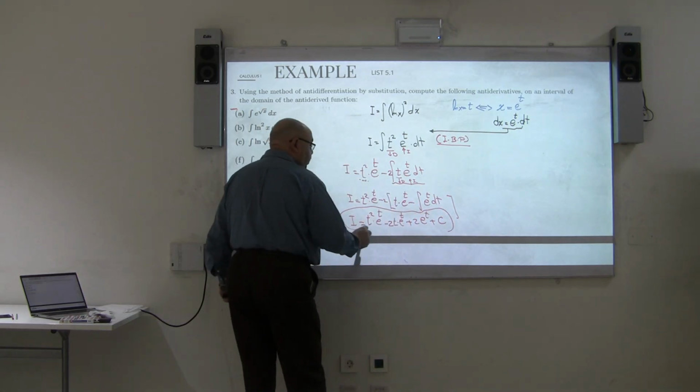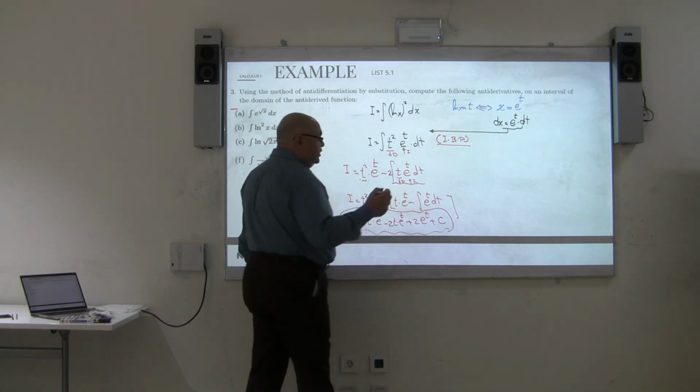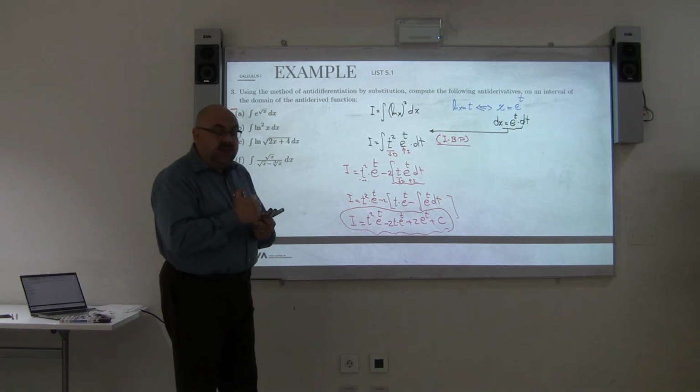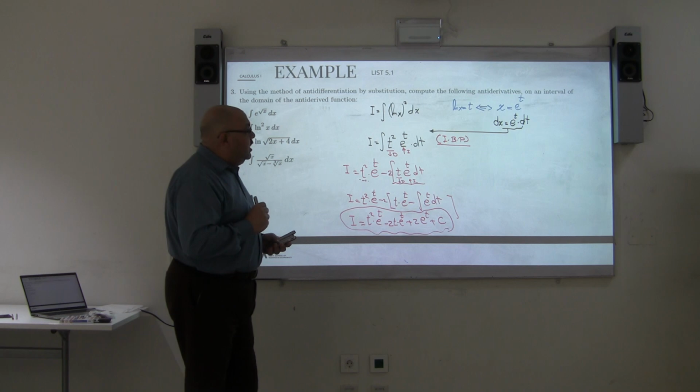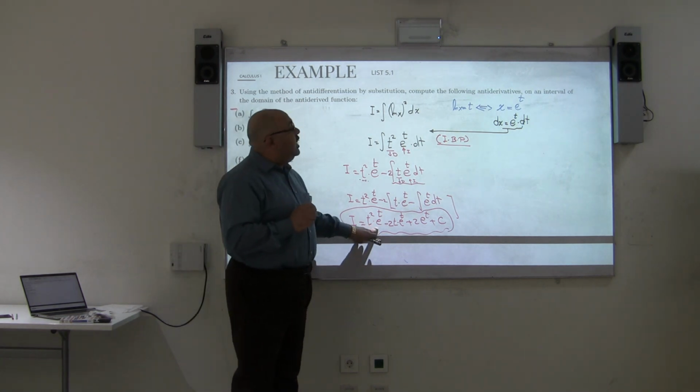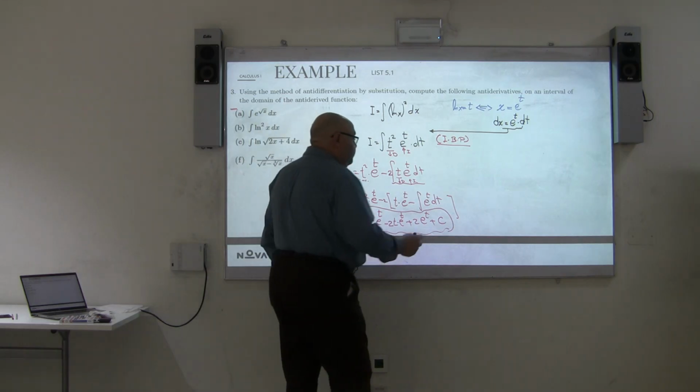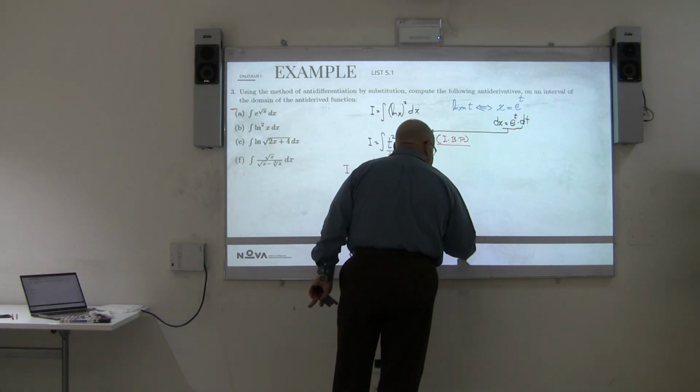And once more, I can reverse this process. How to reverse this process? Every t can be changed to x, and every e to the power of t can be changed back to x.